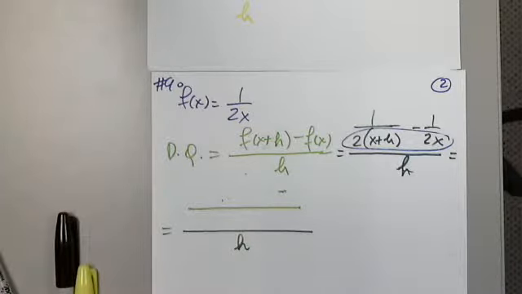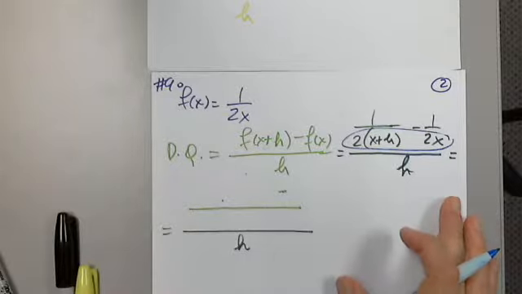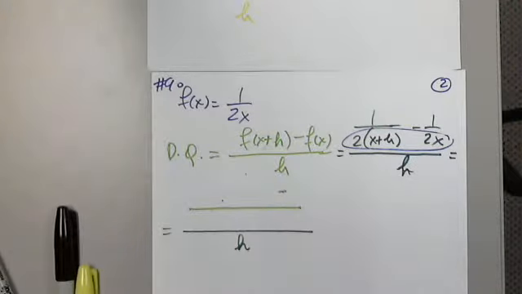I mean, I can, but that will not be the least common denominator. So, how many different factors we see? Say it louder. I think I heard it. How many different factors we see? I know you know. How many? 2 is a factor, x is a factor, and x plus h is a factor. How many different factors we have?